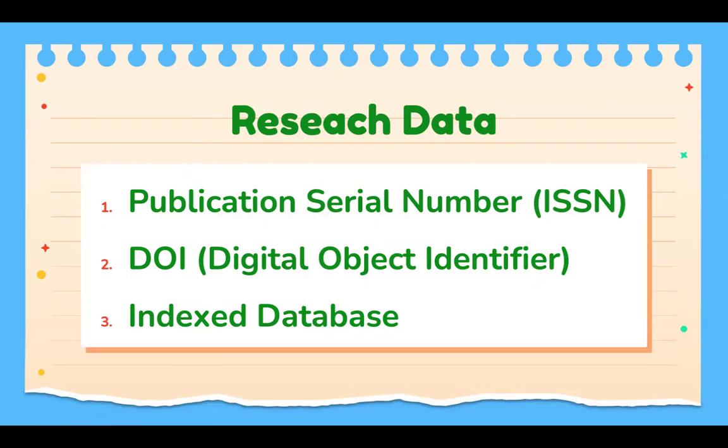The DOI is a permanent unique alphanumeric code assigned to a journal article, review, book chapter, or dataset to identify it and provide a stable, permanent link to its location on the internet. Unlike a URL, the DOI never changes even if the article moves to a different website.